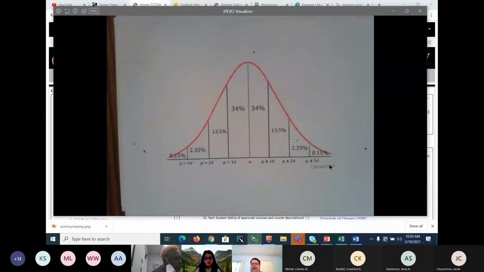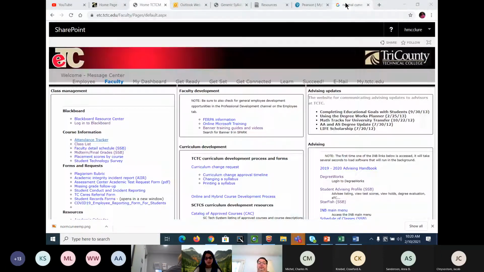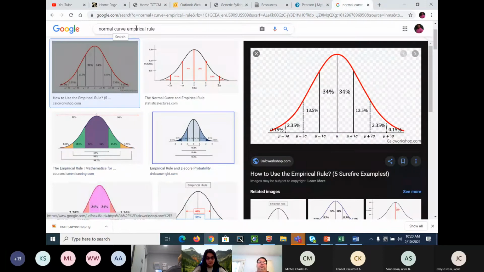Now, I know that 95% of y'all are not going to do this, so I'm only talking to the 5% that's going to do it. You need to go to Google and type in normal curve empirical rule. The reason you need to type that is because it'll give you the one that I use, which is this one right here.